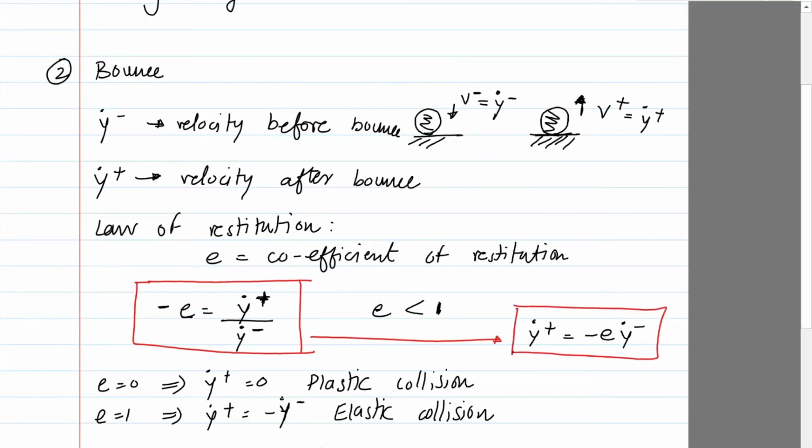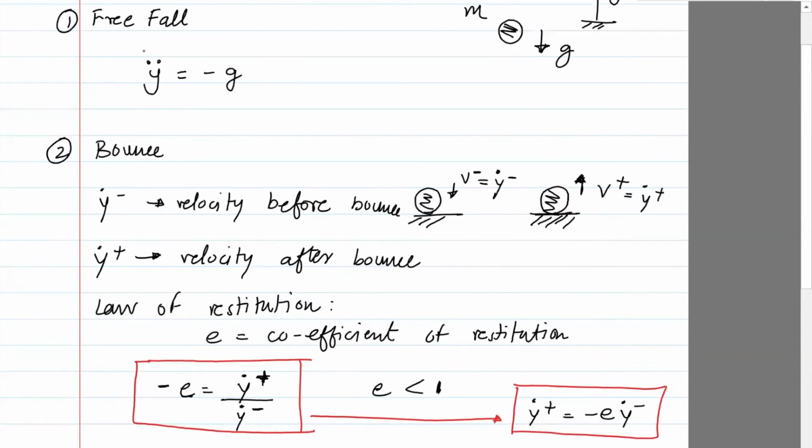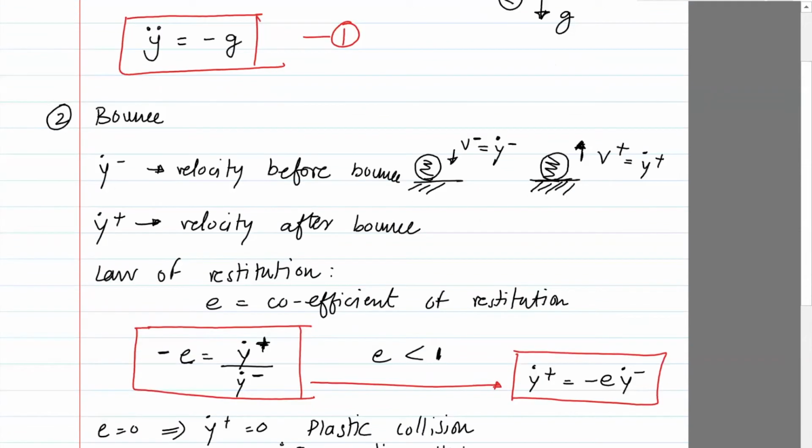E is given to you, the velocity before bounce is known, and we can find the velocity after bounce from that formula. The second equation which we need is this equation. So let's call this 1 and this 2. We need both these equations in order to simulate the system.